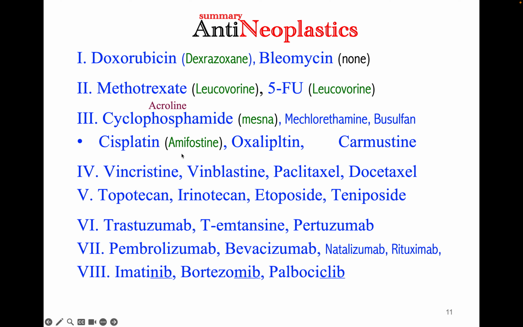But luckily, to protect the kidney, we have amifostine, a rescue agent which can protect or save the kidney. That is why cisplatin has one protective agent, amifostine, but ototoxicity is irreversible. Remember that, okay?